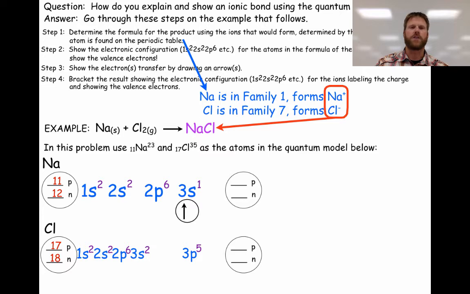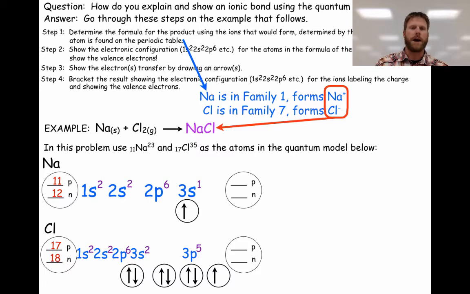Now the valence shell is 3, so we're only going to show the electrons in the valence shell. The 3s orbital would have up arrow, down arrow, and then the p orbitals, px, py, pz, for the third energy level, will have up arrow, up arrow, up arrow, and then down arrow to represent the 5 electrons.